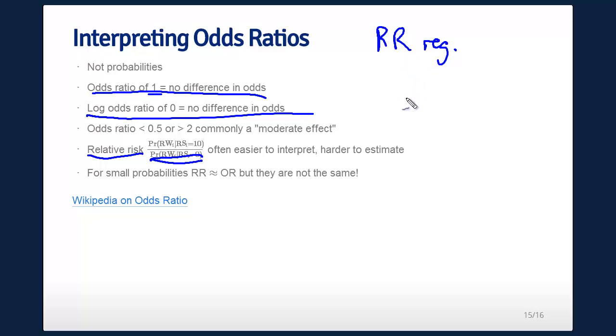But the problem with the relative risk is the log of the relative risk: the probability is between 0 and 1. So when you log it, you get an upper bound of 0, and the lower bound is minus infinity.